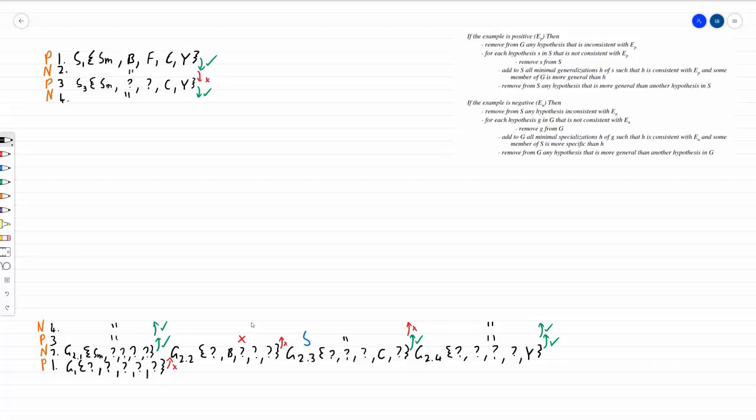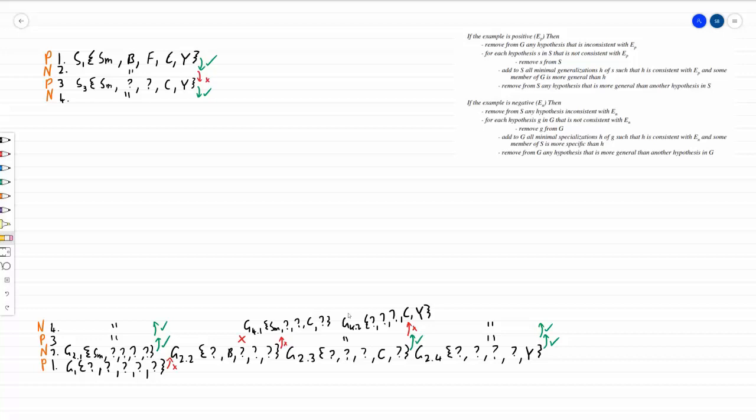So the two we could have here are G4.1, which could be Sam's, question mark, cheap, question mark, or G4.2, question mark, cheap, yes. Those could be the two we have there.